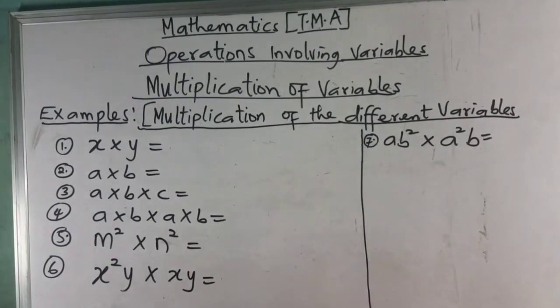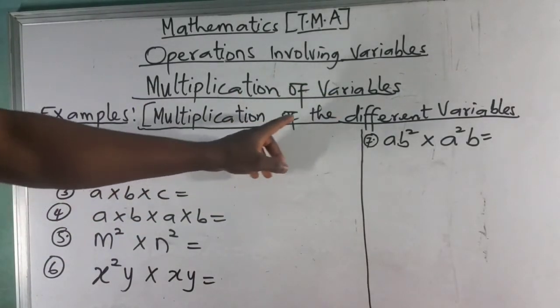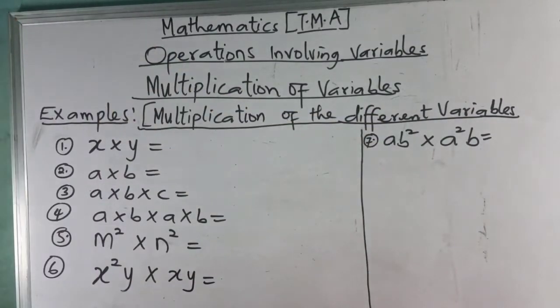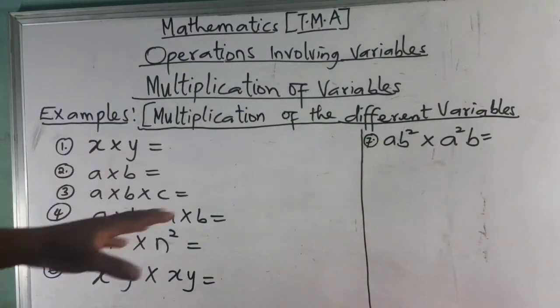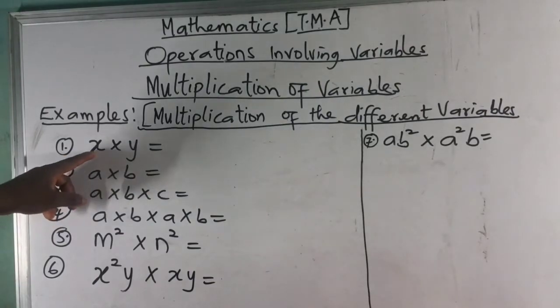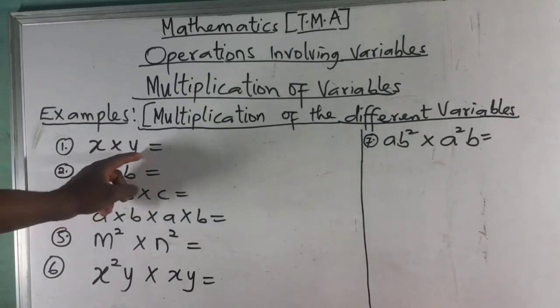Welcome back. We are still on multiplication of variables, but now it's going to be of different variables. These are different variables, they are not the same, unlike the other one. If you look at this, x times y, x is a variable, y is a variable, they are not the same.